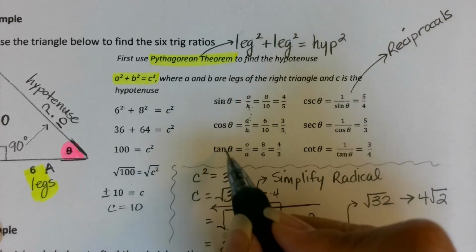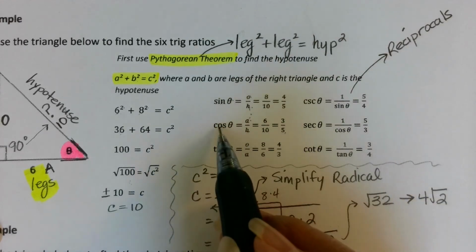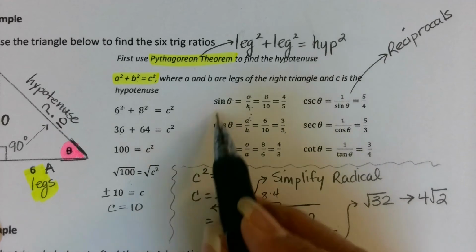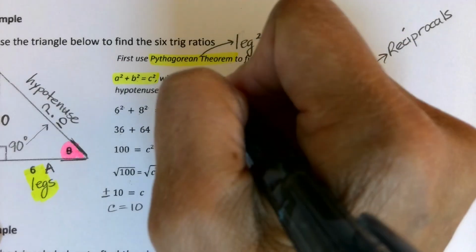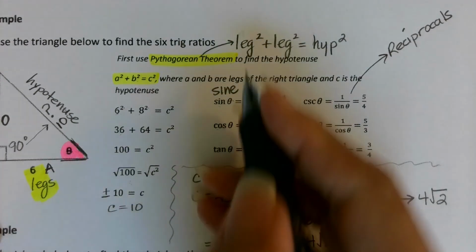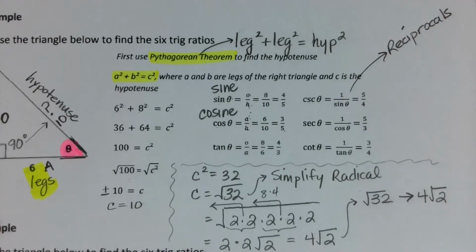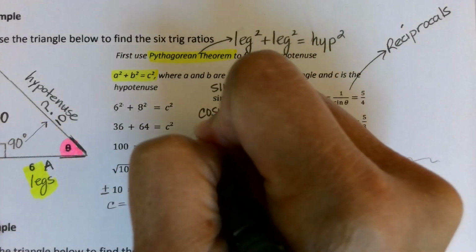Let me tell you how to say these or pronounce them, because I don't want you pronouncing these as sin or cosine or cos. This here is pronounced as sine theta. COS stands for the word cosine. And TAN stands for the word tangent.